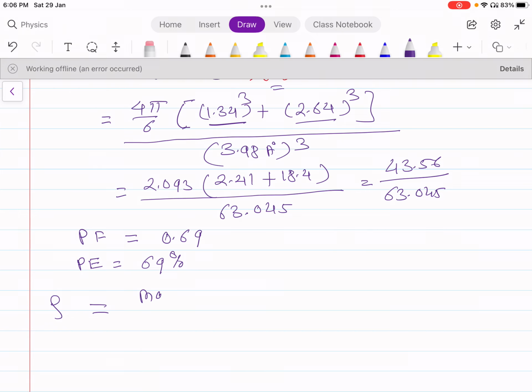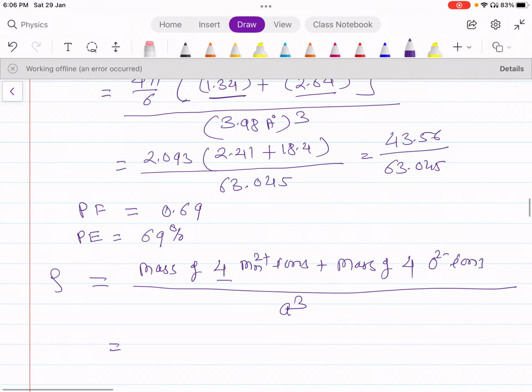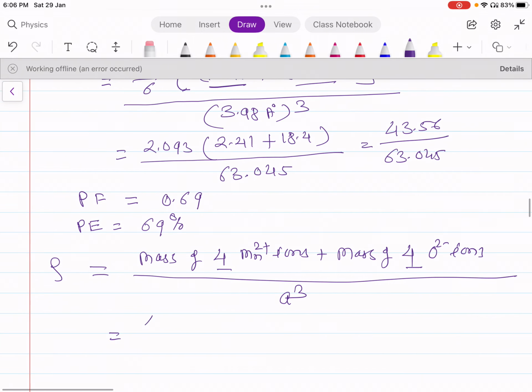So we have to take mass of 4 manganese ions plus mass of 4 oxygen ions. That would be the mass of the unit cell. And that divided by volume of the unit cell, which is A cube. 4 here, 4 here, so I will take 4 common. So 4 in the bracket.